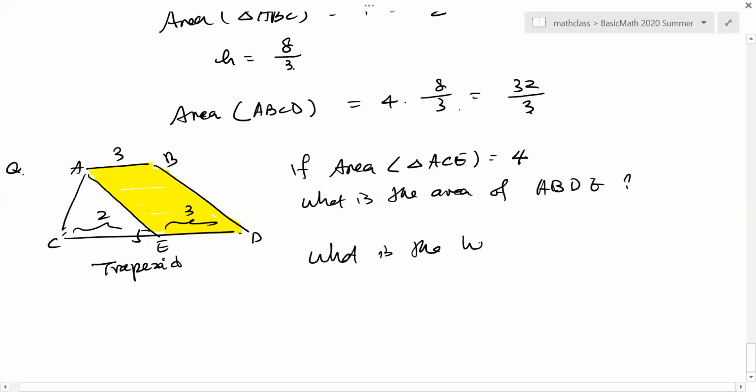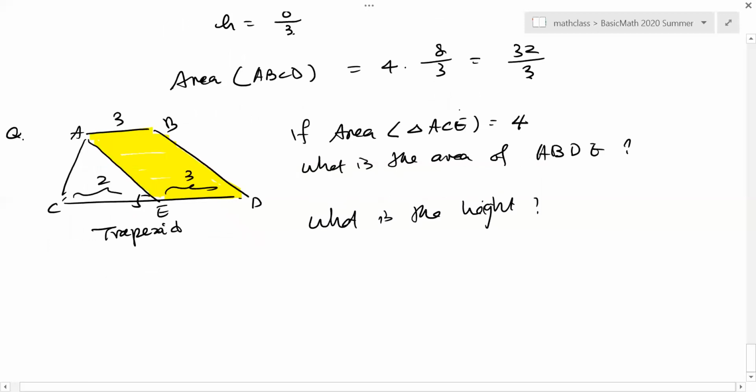What is the height? Right, the height comes from the area. So the area of the triangle is 4, with base 3 here, and 2 times the height is going to be the area. So the height is going to be 4.